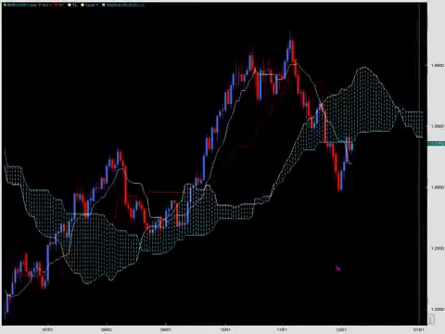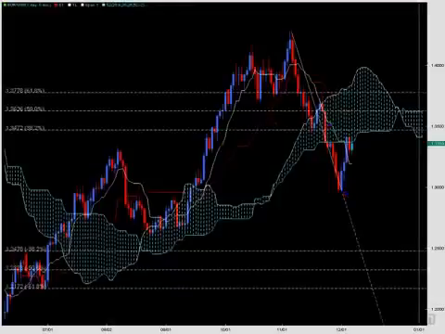And the Kumo's main job is to identify or give you a gauge for support and resistance. Now that may be different from what you've been looking at for support and resistance before, because maybe you've been playing with, say, Fibonaccis. And you pull up a Fibonacci from this last move, and you have 3 lines in the sand.